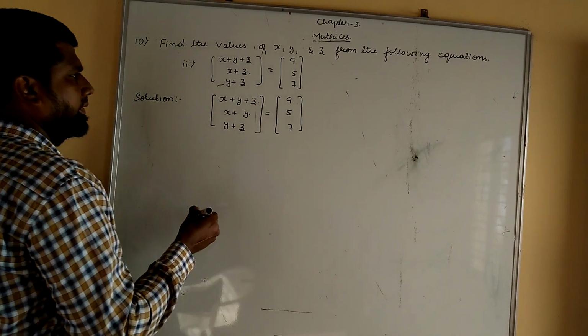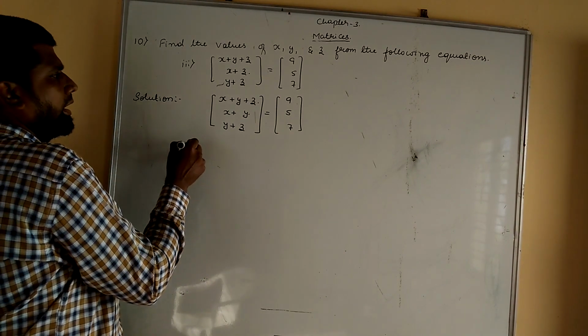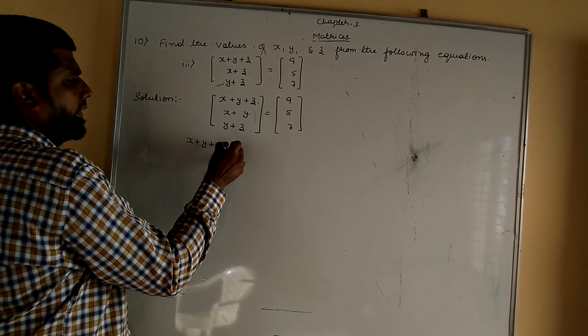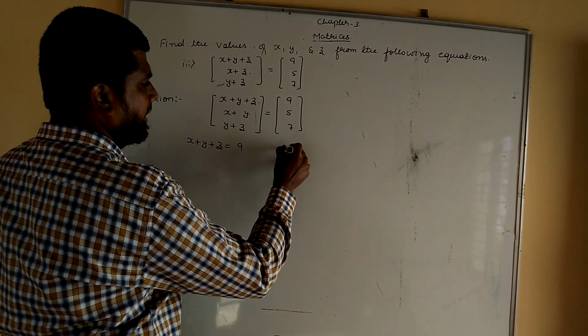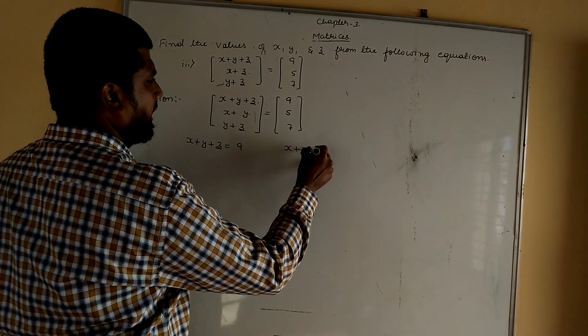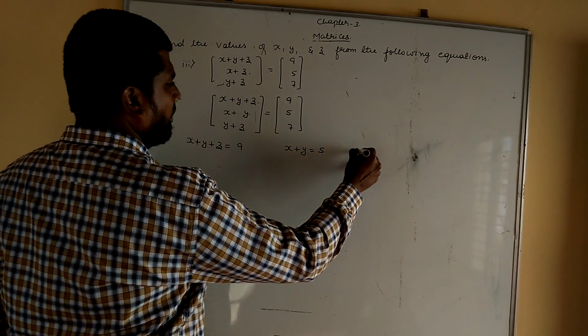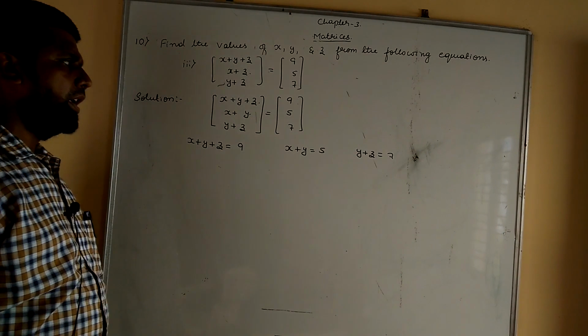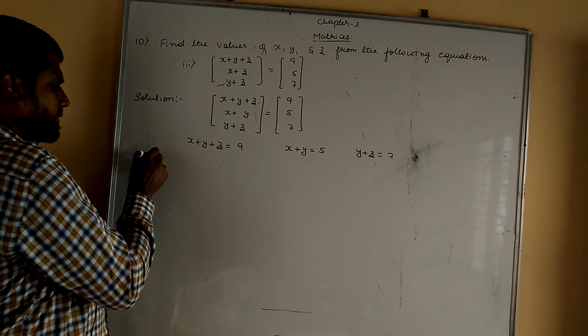Let us compare the corresponding elements. x plus y plus z is equal to 9, x plus y is equal to 5, y plus z is equal to 7.